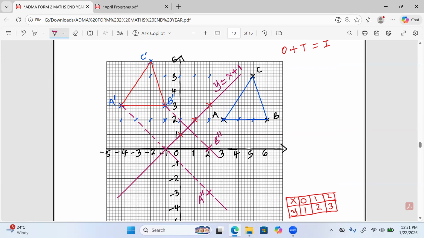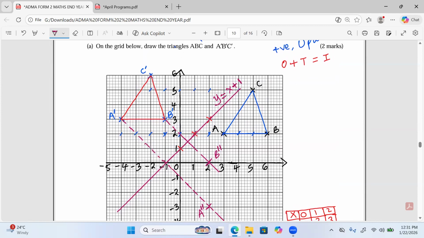After that, we go to C double prime. So now we need to connect C perpendicularly to the mirror line. Allow me to perform that. We connect C like that. Then I move to the opposite side an equal distance. I'm supposed to use my ruler very carefully.